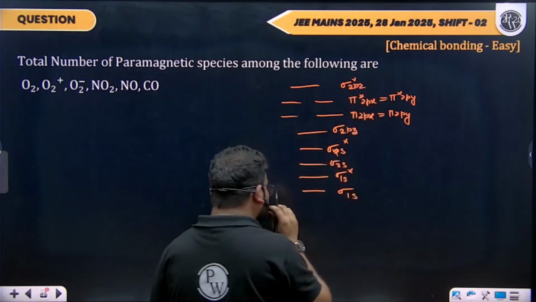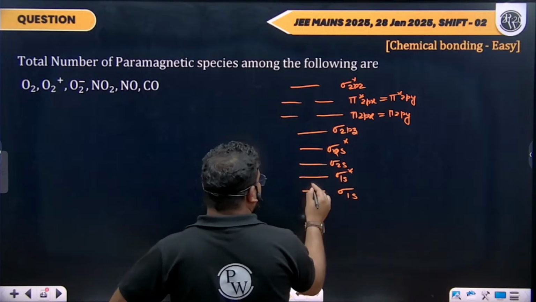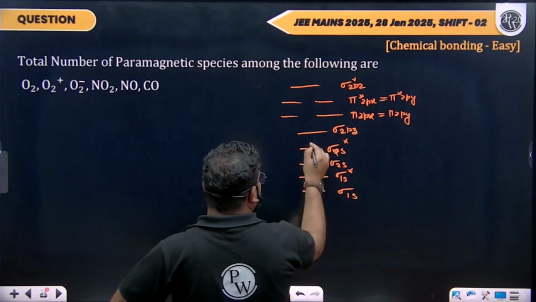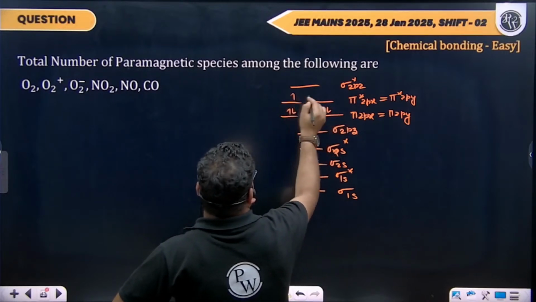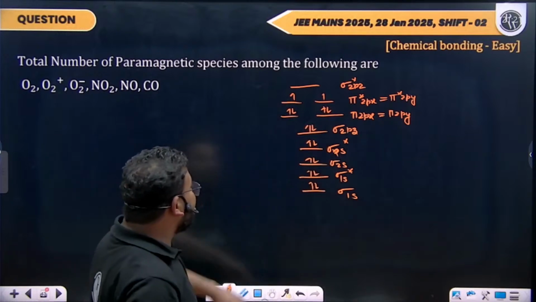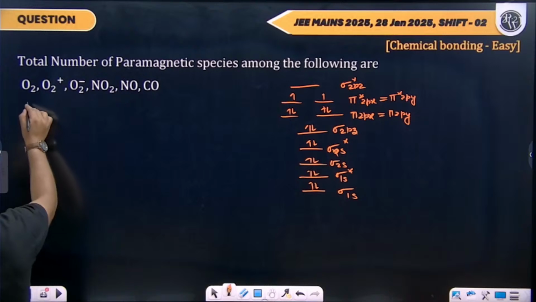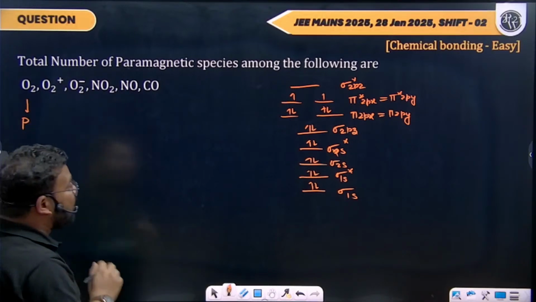This is the MO diagram of O2. So, total 16 electrons are present in the O2 molecule. So, there are 2 unpaired electrons. Those compounds which have unpaired electrons are paramagnetic in nature. It means O2 is paramagnetic.